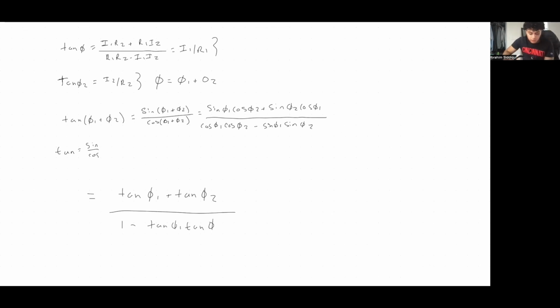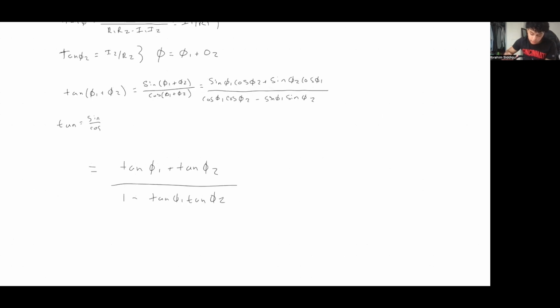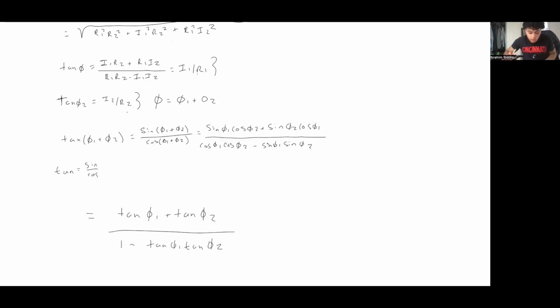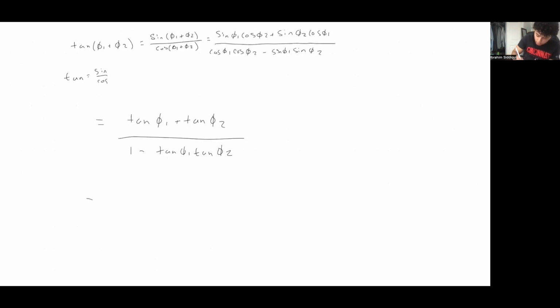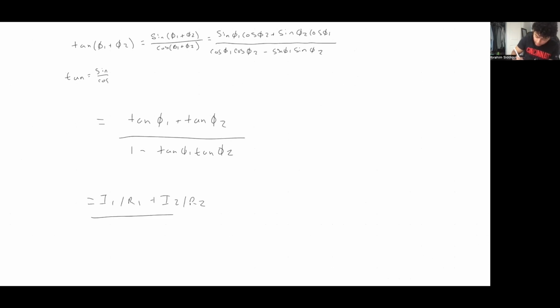Okay? So we want to rewrite what we saw earlier. So tangent of phi 1 plus phi 2, referencing real and imaginary components, we get I1 over R1 plus I2 over R2, over 1 minus I1 multiplied by I2 divided by R1 times R2.